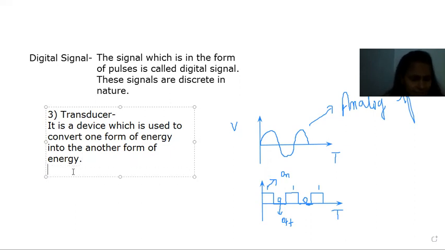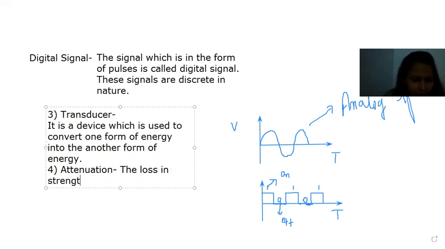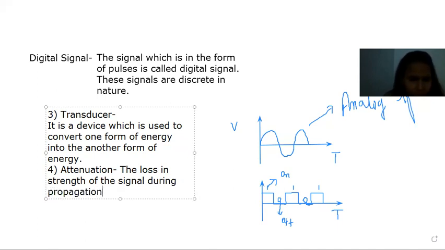Next term is attenuation. The loss in strength of the signal during propagation is called attenuation.